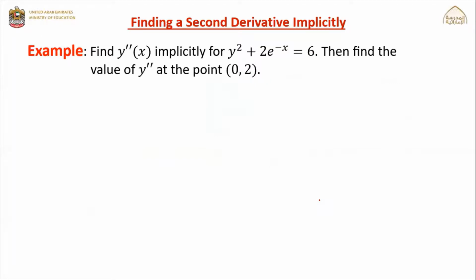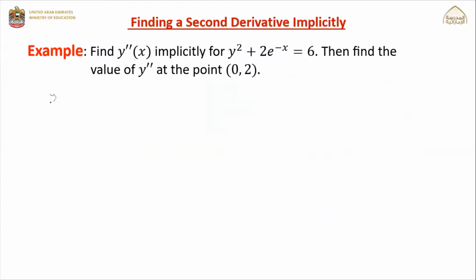In this example, we want to find the second derivative implicitly. Find y double prime implicitly for y squared plus 2e to the power negative x equals 6. Then find the value of y prime at the point (0, 2).